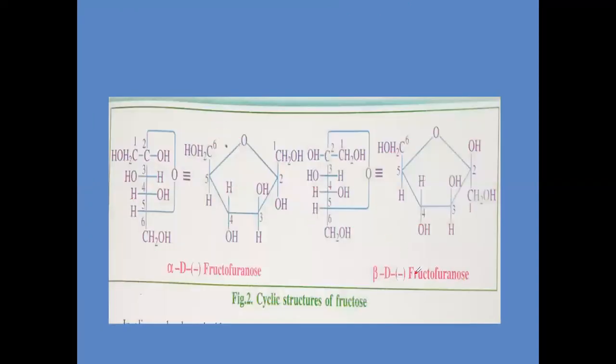Next, again, the fructose molecule. Here the fructose molecule will be called fructofuranose. So fructofuranose, and the glucose is called glucopyranose. The glucose will resemble the pyran structure, and the fructose will resemble the furan structure.